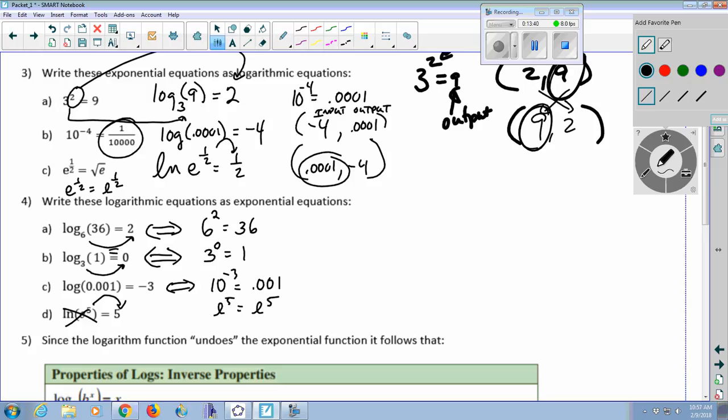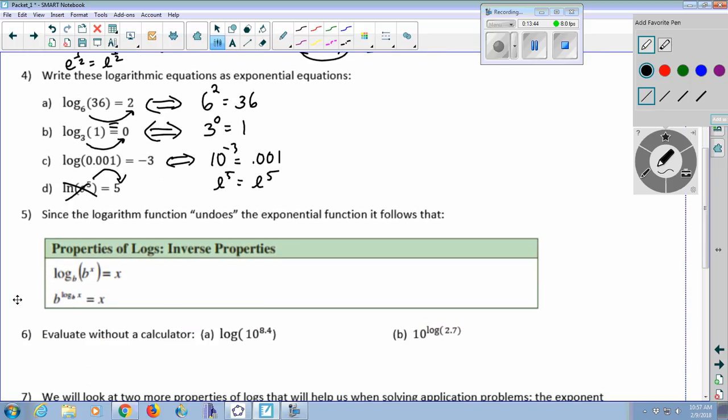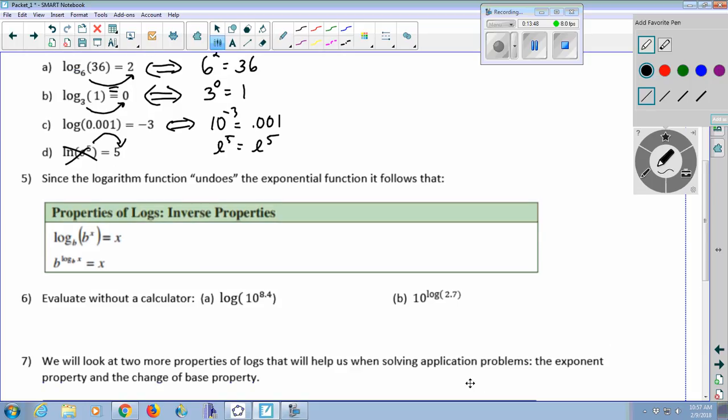This works this way because of our inverse properties. It's easier to look at this first one than this one. So let's start with this. You have this function b to the x. You compose it. Let's think of that as our inside function, like g of x, and then f of x would be log base b of an input.